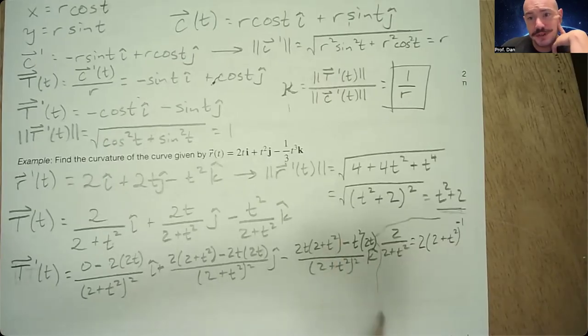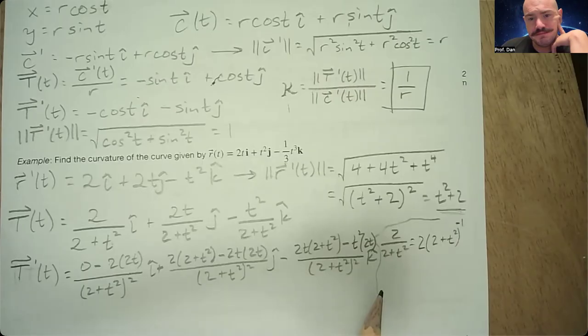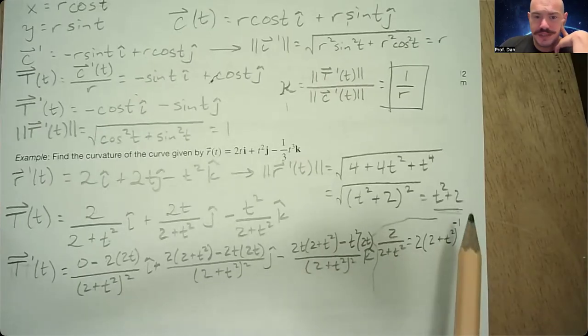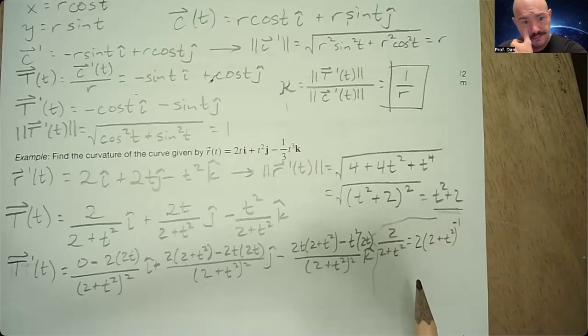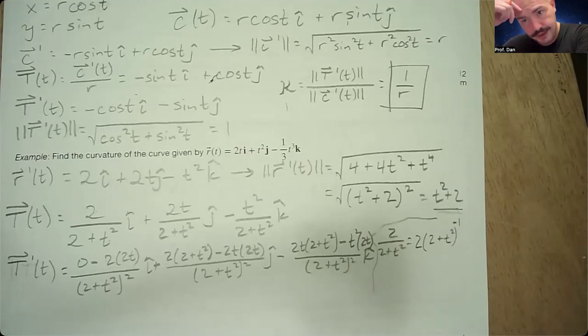What was the magnitude of r prime? It was t squared plus 2. That's relatively simple for us to integrate. So we could have come up with an expression for s, the arc length.